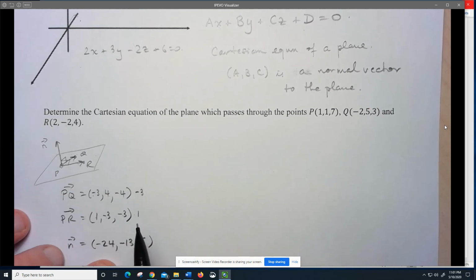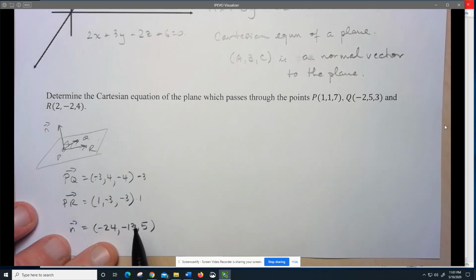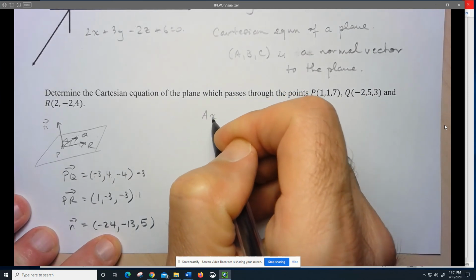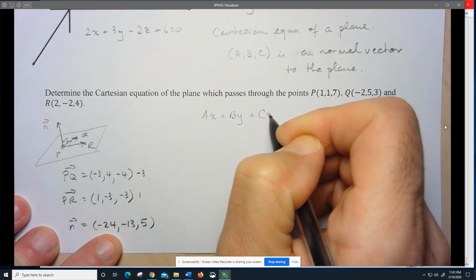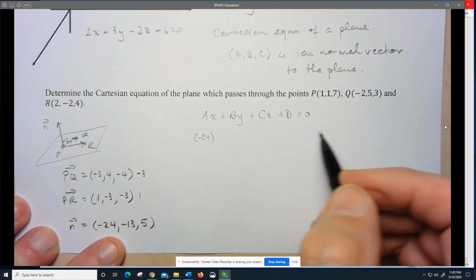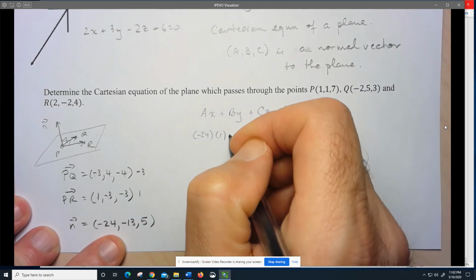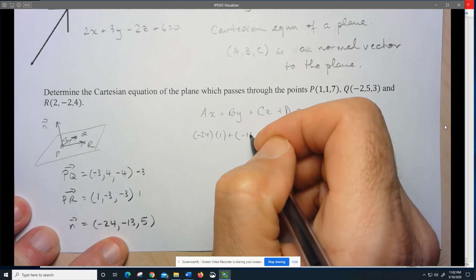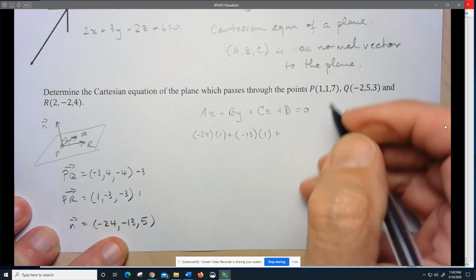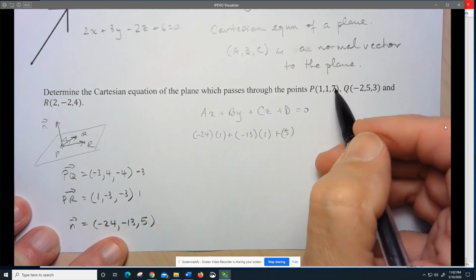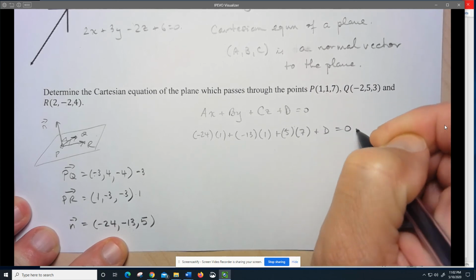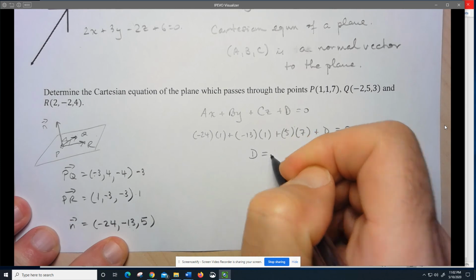Kind of like what you might have done with the standard form in 2D. So here I've got Ax plus By plus Cz plus D equals 0. So A is equal to -24 times, well, I'll use this point here, times 1, plus my B value is -13 times Y is again 1, plus my C value is 5 times my Z value there is 7 plus D. And so now I can just calculate my D value.